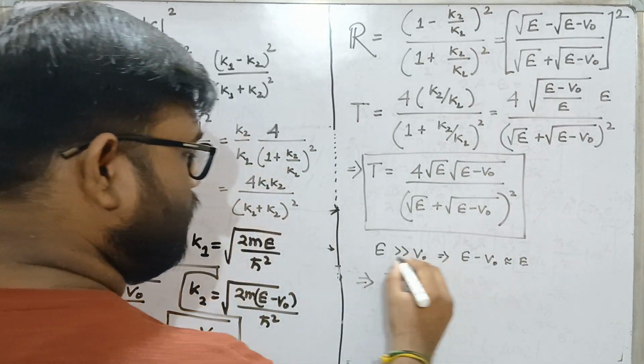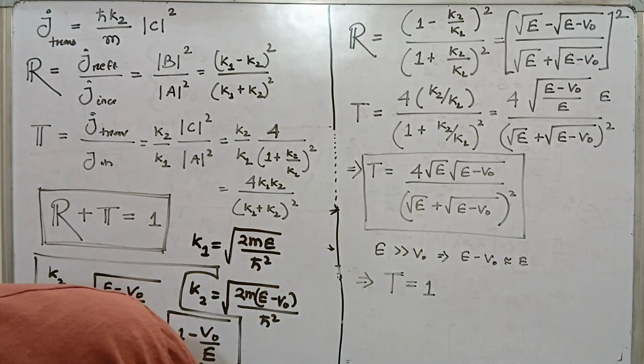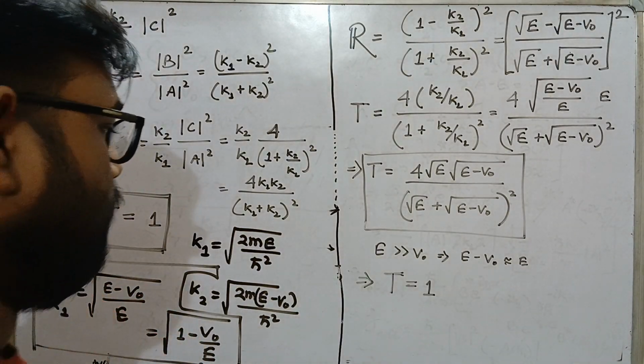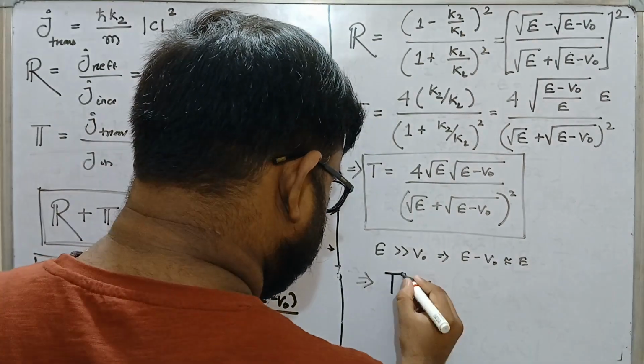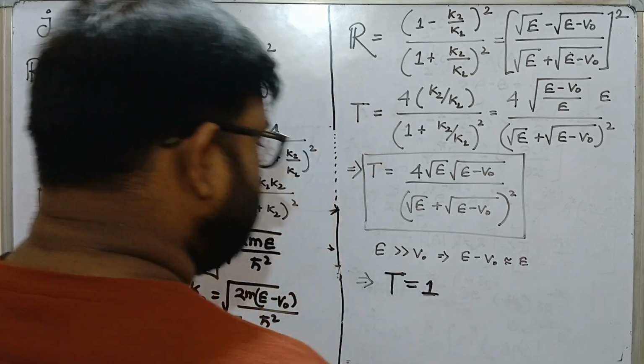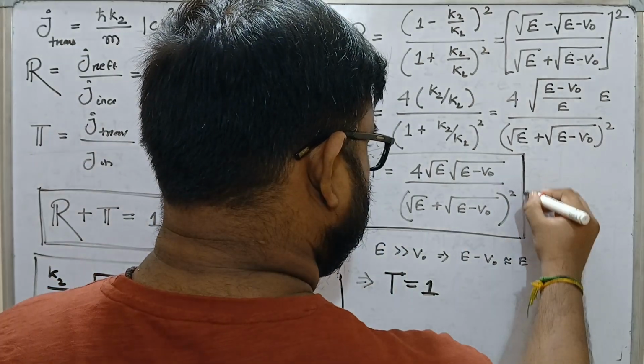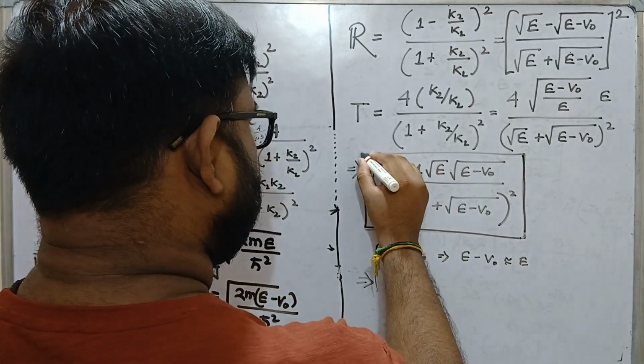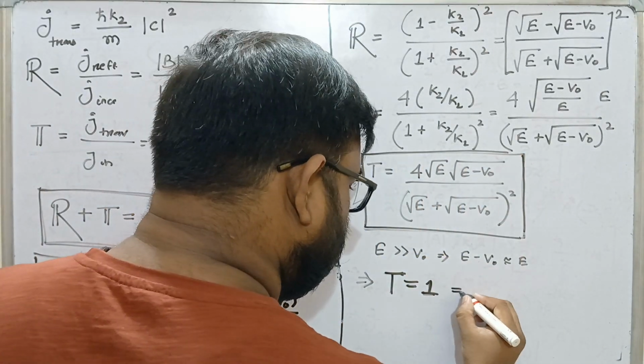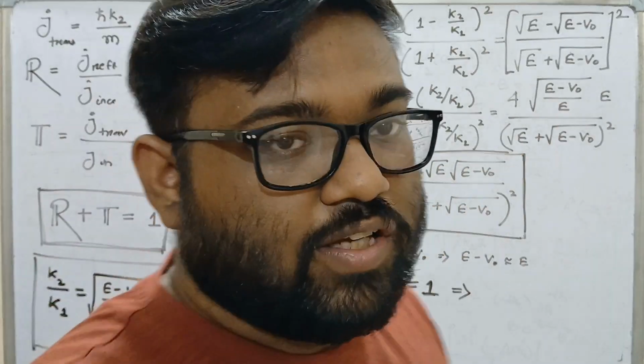If this is the case, then transmittance will be equal to 1. This means there will be no reflection at all.